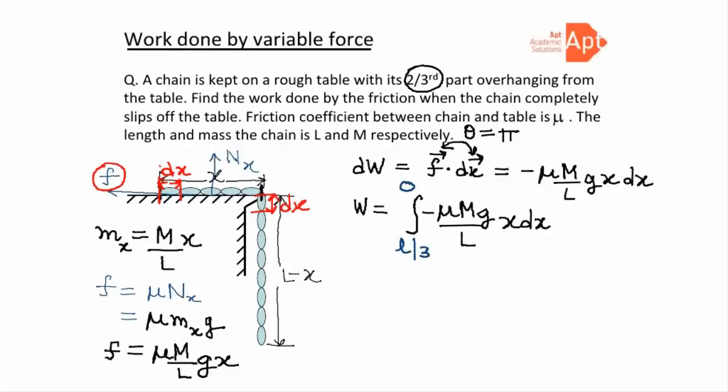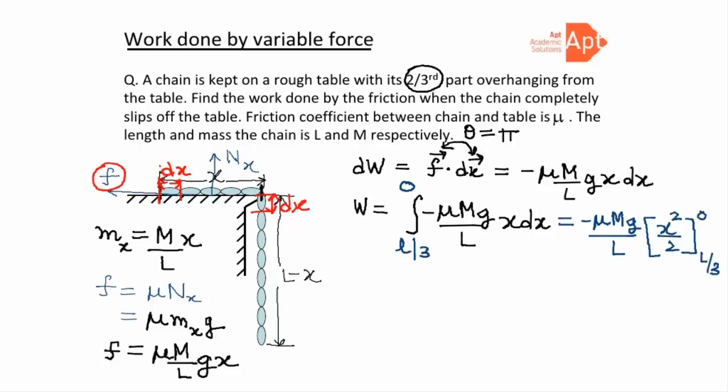So integrating this, we have minus mu Mg by L. The integration of x dx is x square by 2, from L by 3 to 0.